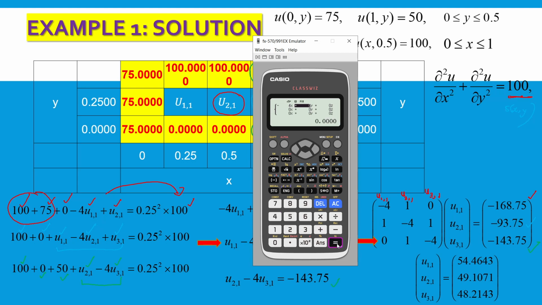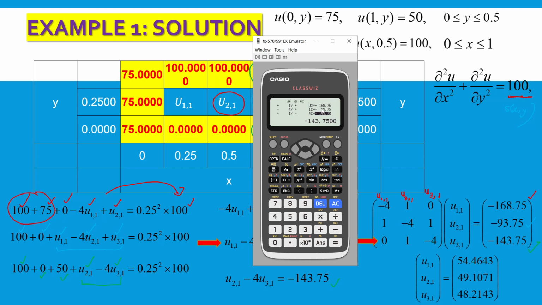So you have negative 4, 1, 0, negative 168.75, and then 1, negative 4, 1, okay, negative 93.75, and then the last one, 0, 1, negative 4, negative 143.75. Okay, check before you press equal.